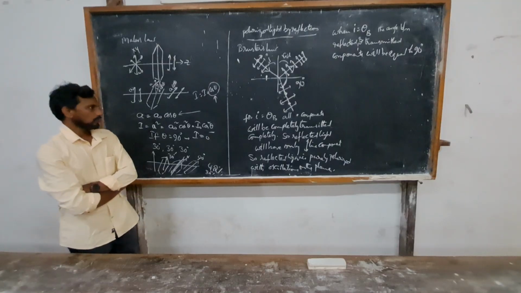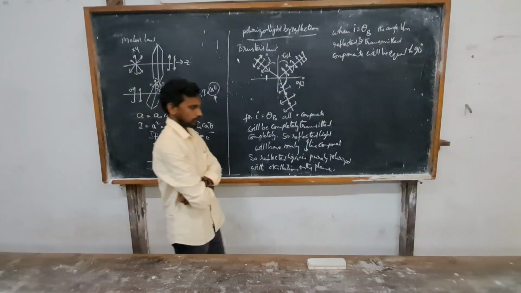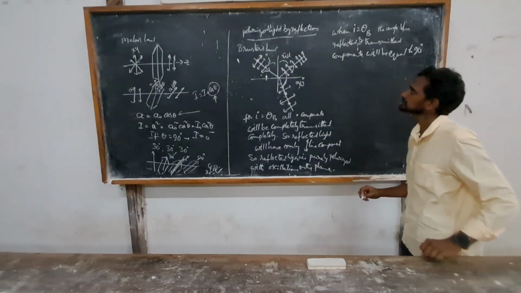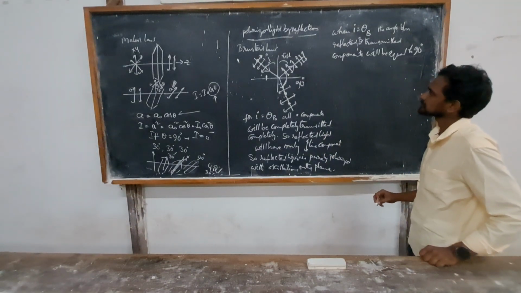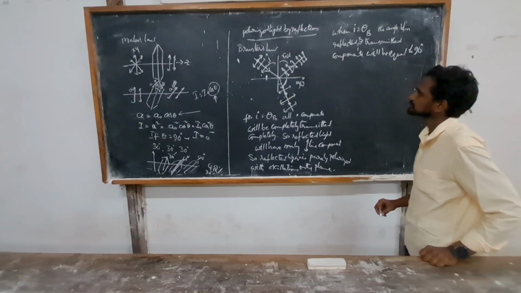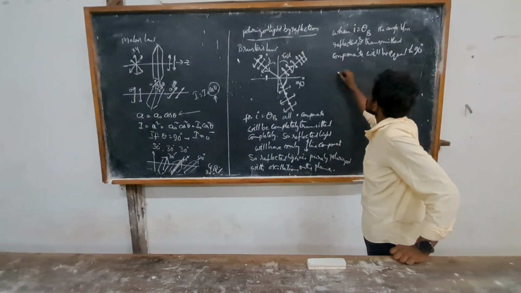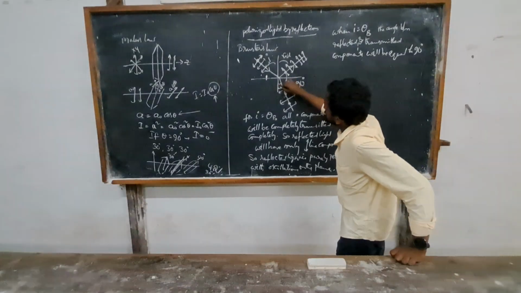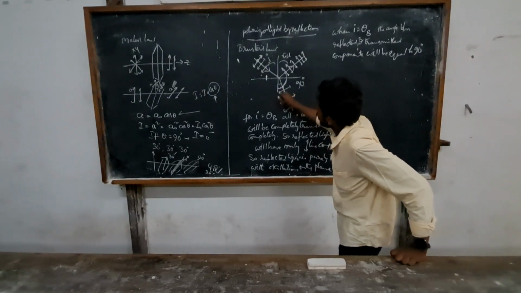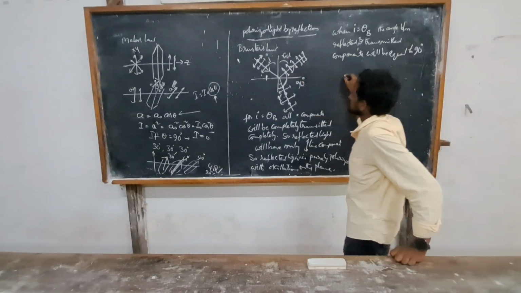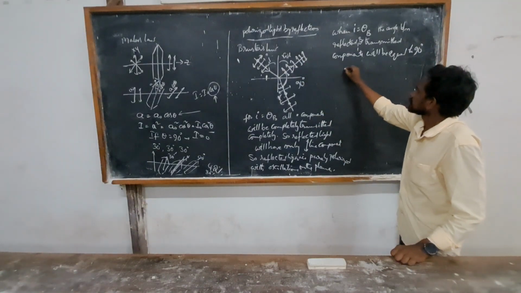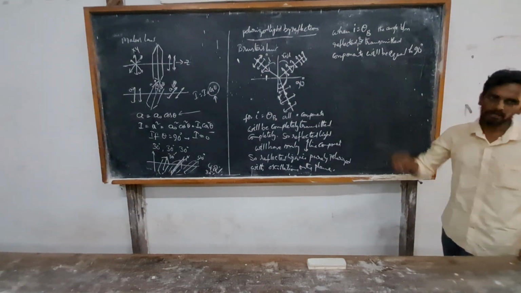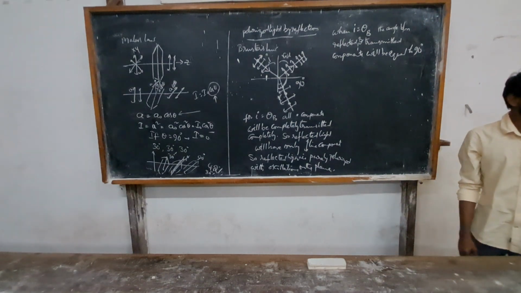So now we use all our rules and regulations. Let's say this angle is r, the angle of refraction, and the angle of incidence is i. So what happens to that r value? What is the value of r?